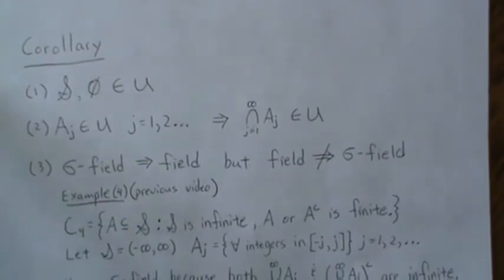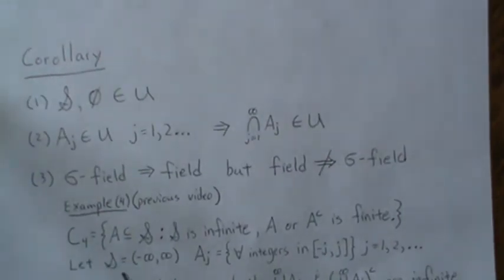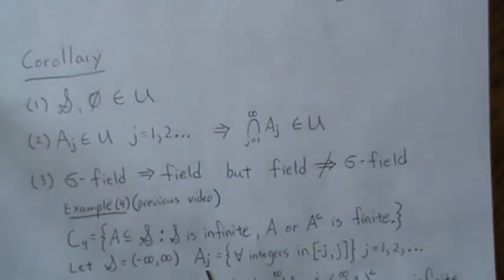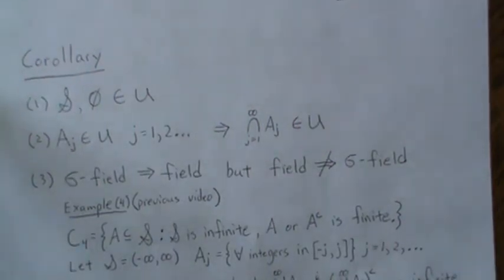So let's see if it's a sigma field. Let S be the real number line, and we're going to let this set be all integers in this closed interval, for j equal 1 to infinity.